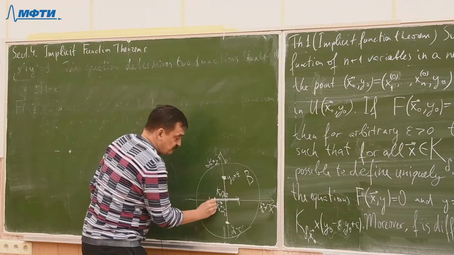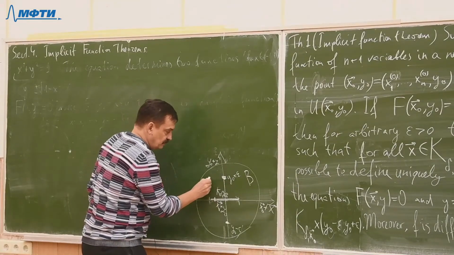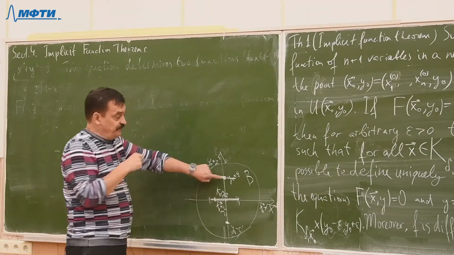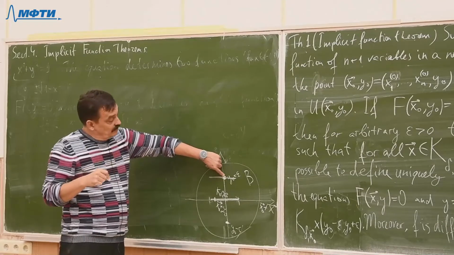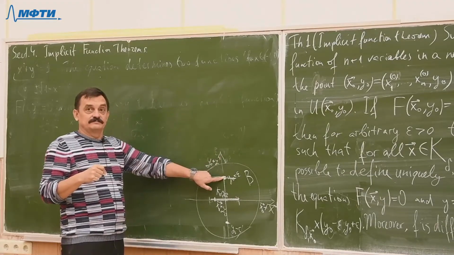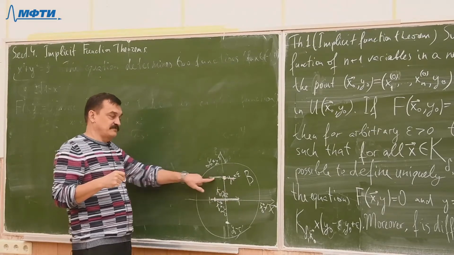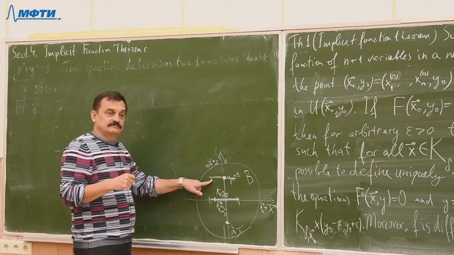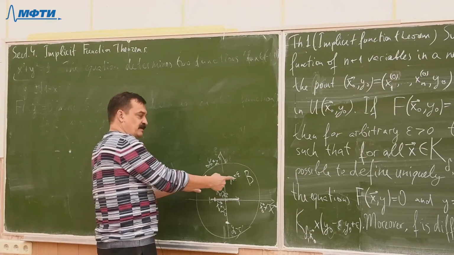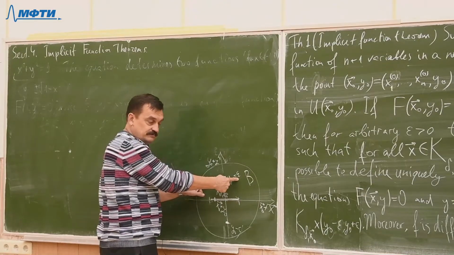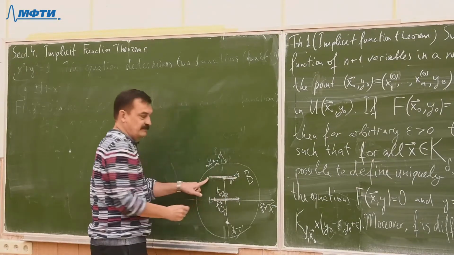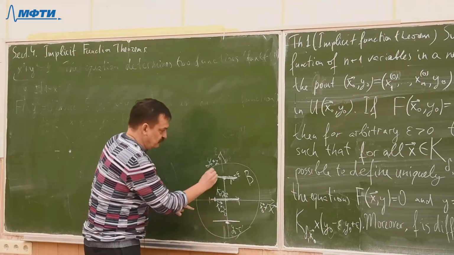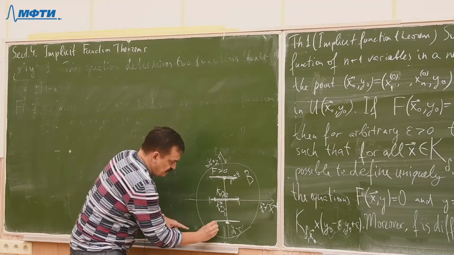So look, for arbitrary x here, if we fix that variable, y is fixed here, x varies, right? We have a continuous function. If it is positive here, then it is positive in the neighborhood. That is precisely the neighborhood where capital F is positive. And here it should be negative. So F is positive here, there F is negative.